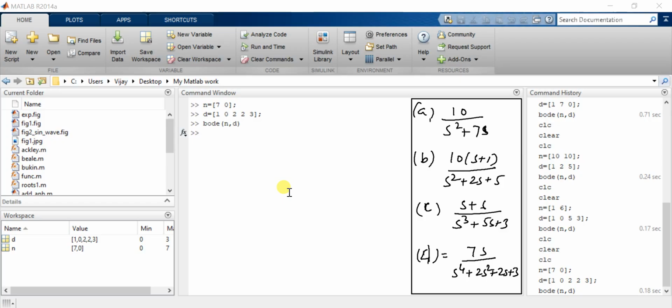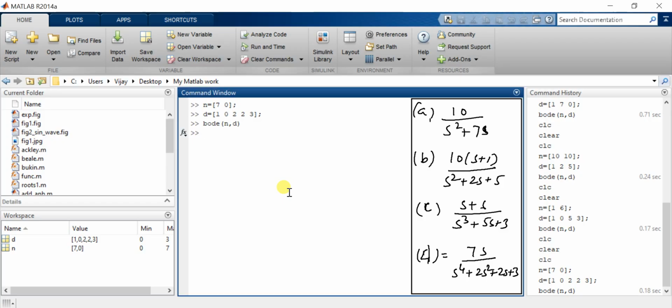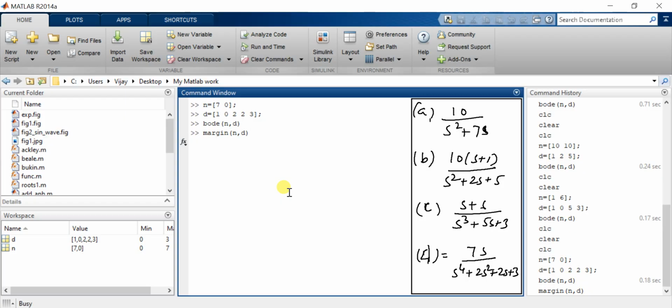Let's try to find them for this particular system by simply writing a function, that is margin, and passing these two matrices n and d.